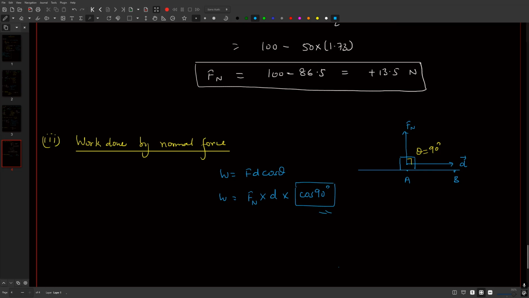That is 0. So it doesn't matter what value of normal force or displacement you have, the work done is going to be 0. 0 joules. That's the answer.